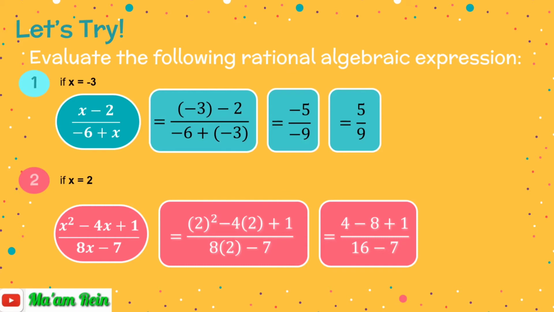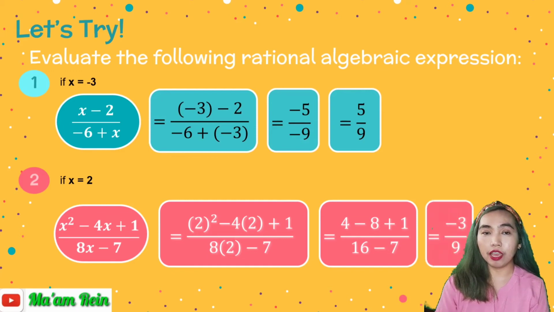So 4 minus 8 is negative 4 plus 1, that is negative 3. And on the denominator, that is 16 minus 7, that will become 9. So the answer will become negative 3 over 9. This is not yet the final answer. Why?